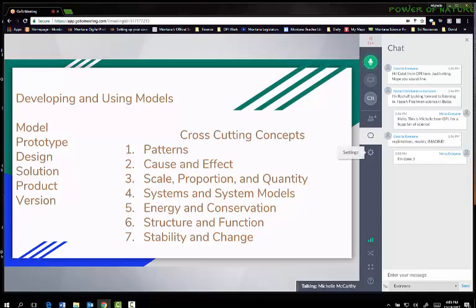One that jumps out to me is the scale proportion. Well, I'm thinking scale, because if you're modeling something that you might want to build to fix an environmental problem, you would have to make it to scale. Yeah, absolutely.